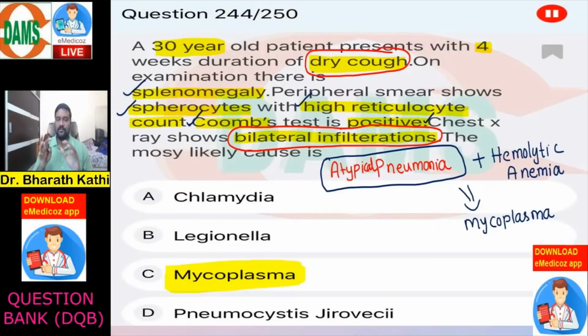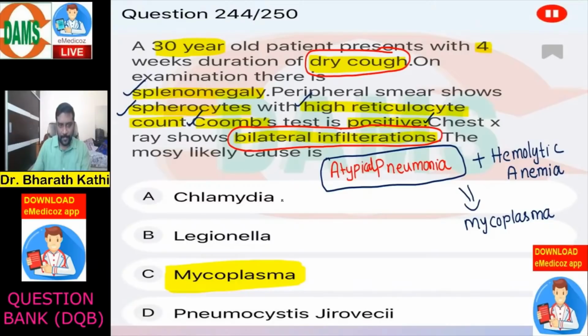Before that, why is it not atypical pneumonia due to Chlamydia, Legionella, or Pneumocystis jirovecii? The other options in the question are also very important because they also can cause atypical pneumonia. But why in this question is the answer only Mycoplasma, not other pathogens? Starting from Chlamydia.